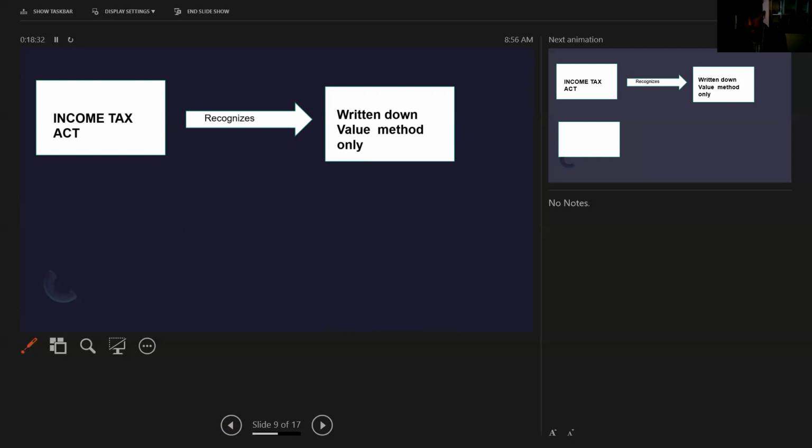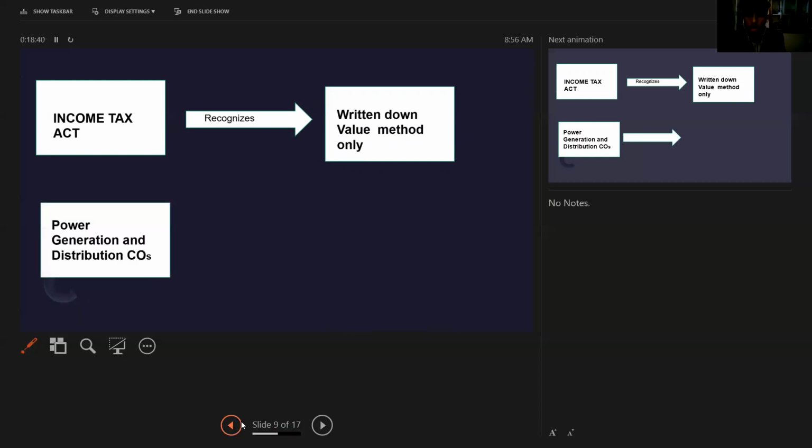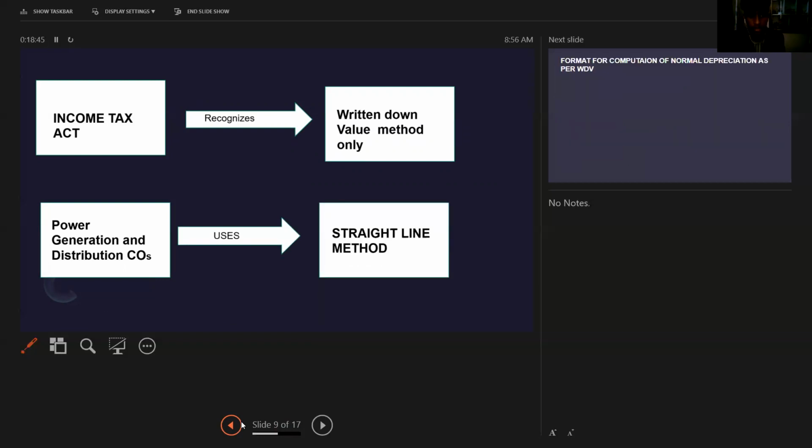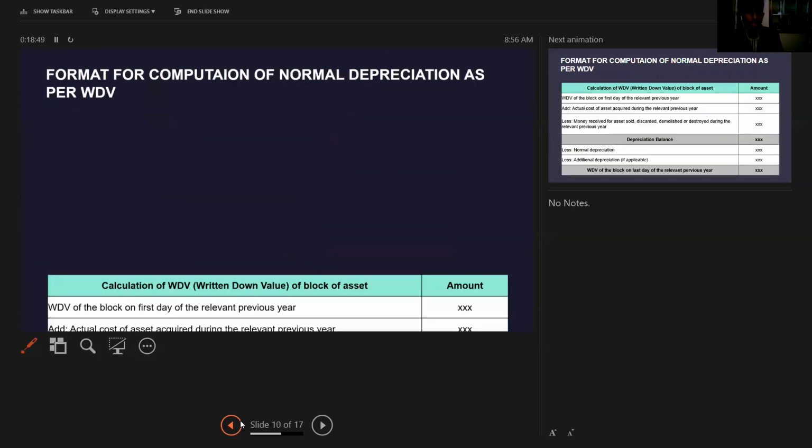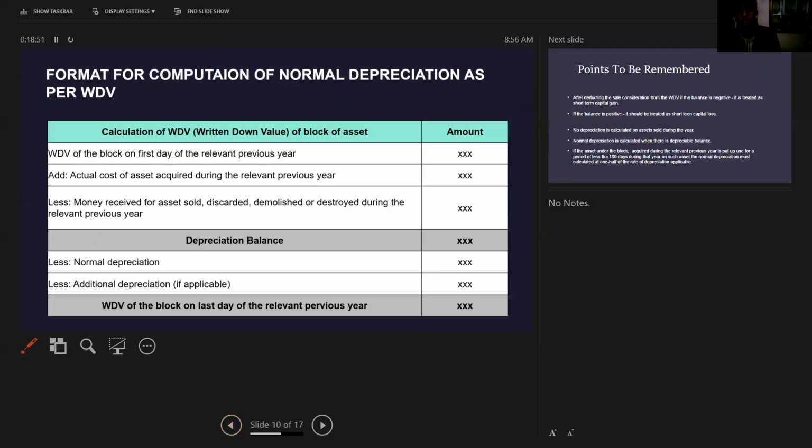We have various methods, but as per income tax, it recognizes only the written down value method. And for power generation or distribution companies, it uses the straight line method. This is just a key point to remember. Now, let's go for the format for computation of normal depreciation as per written down value. Now, calculation of written down value of block of assets.